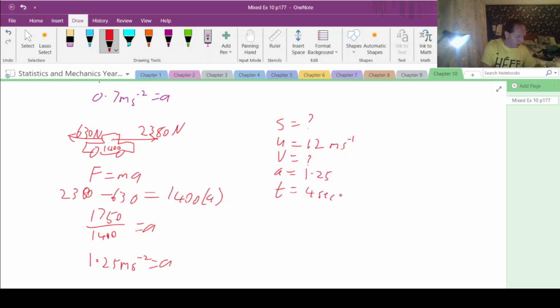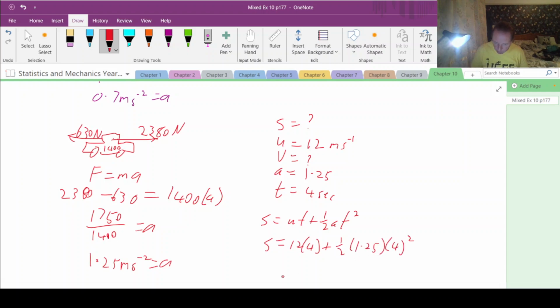So, something with s but no v in it, that is going to be s equals ut plus a half at squared. So the distance will be 12 times 4 plus a half times 1.25 times 4 squared.